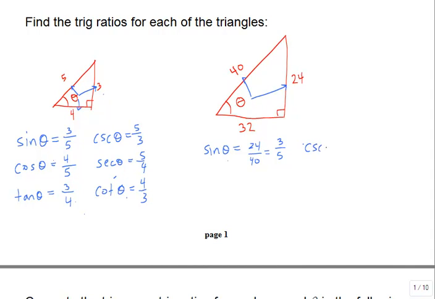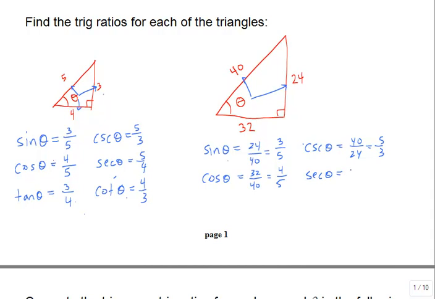Similarly here, cosecant of theta would be that reciprocal, 40 over 24, which reduces to 5/3. Cosine of theta would be the adjacent side, which this time around is 32, divided by the hypotenuse side, which is that 40. If I divide by 8 again, 32 divided by 8 is 4, and 40 divided by 8 is 5.